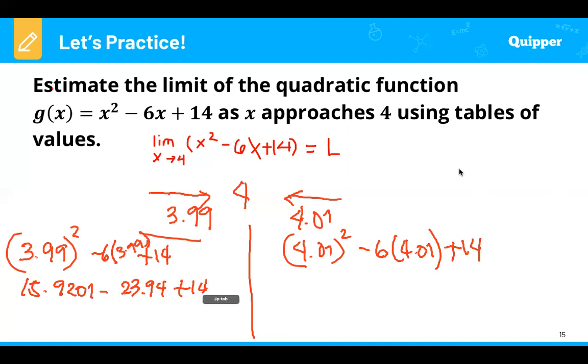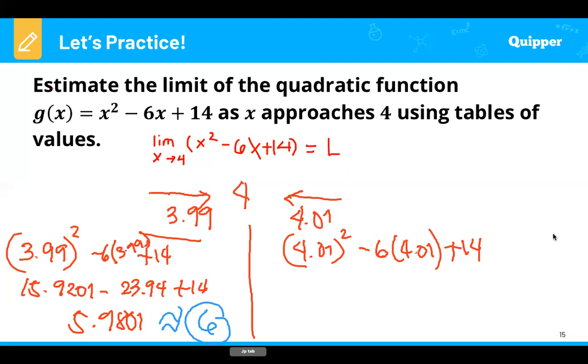So we have 15.9201 minus 23.94 plus 14 equals 5.9801, or approaching 6. That's for the left side.